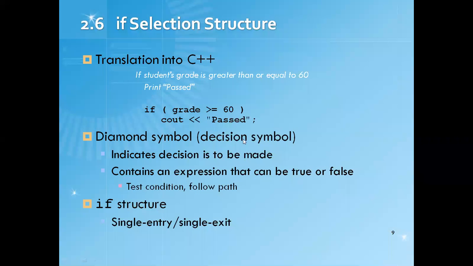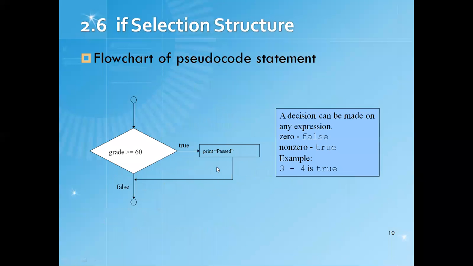So the diamond is a simple decision. This is a simple example, but actually the if statement can be more complex. It should start from the start. That's a flowchart diagram for pseudocode.